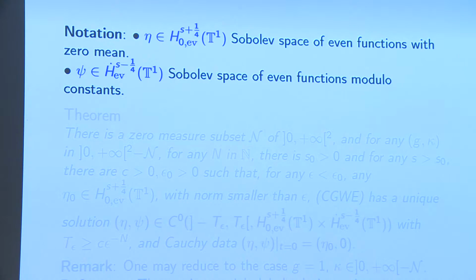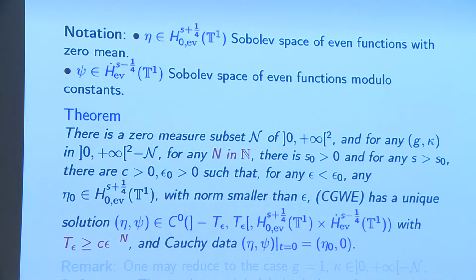We do that because the system is actually well defined on functions modulo constants. So we may consider the second equation of the system, the one on psi, as projected on functions modulo constants. And it's natural to do so because actually only the gradient of psi, if you want, has a physical meaning, not psi itself. And now that I've introduced these notations and definitions, I may state the main theorem.